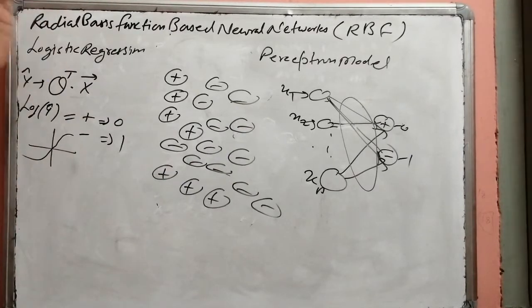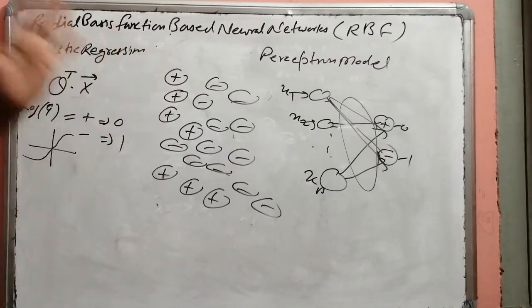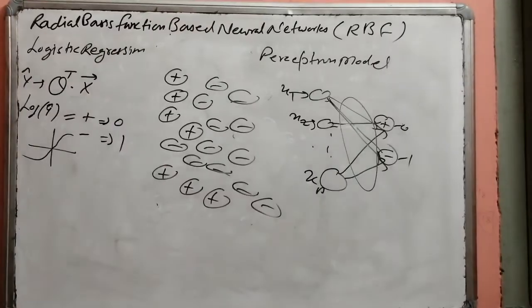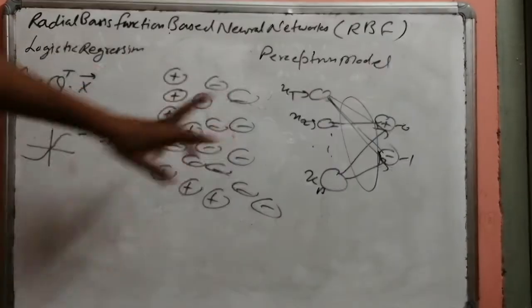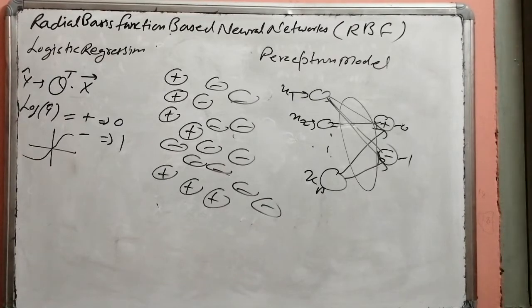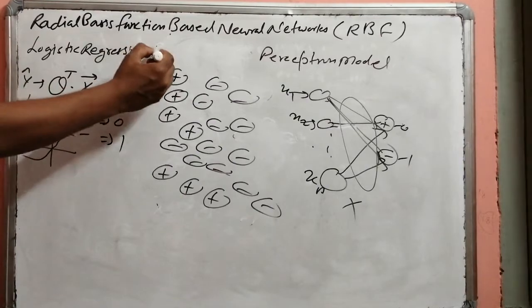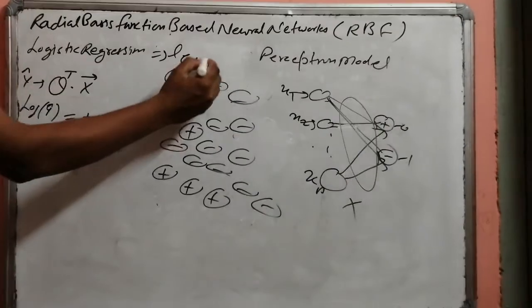And so your logistic regression model is not going to produce good results. On the other side, your perceptron model will thoroughly fail. It will not work on problems which are linearly inseparable, so it will not solve it, and its accuracy will be very low.